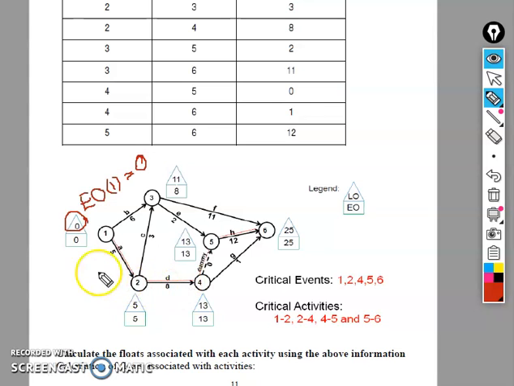In that case you have to add 0. How can I find the earliest occurrence of 2?